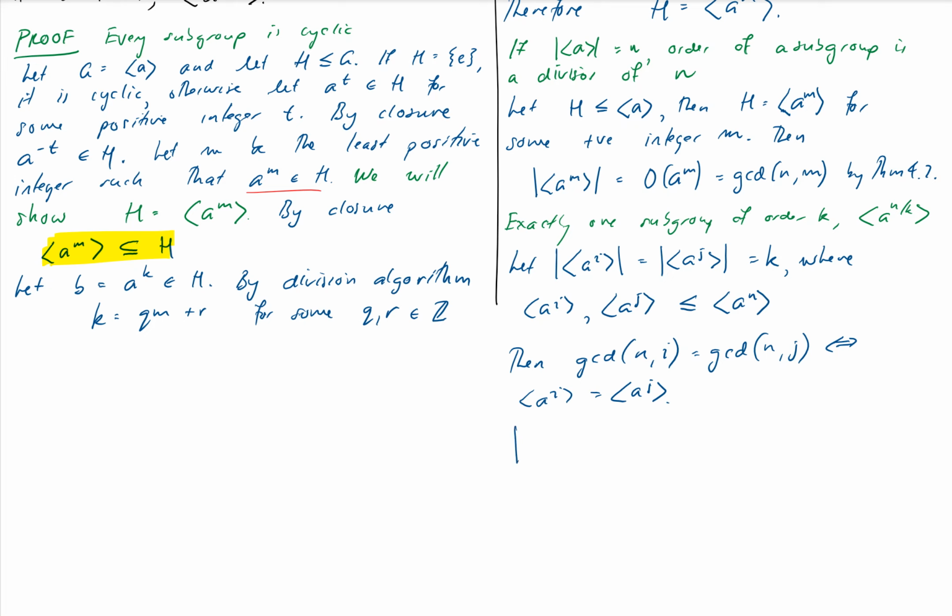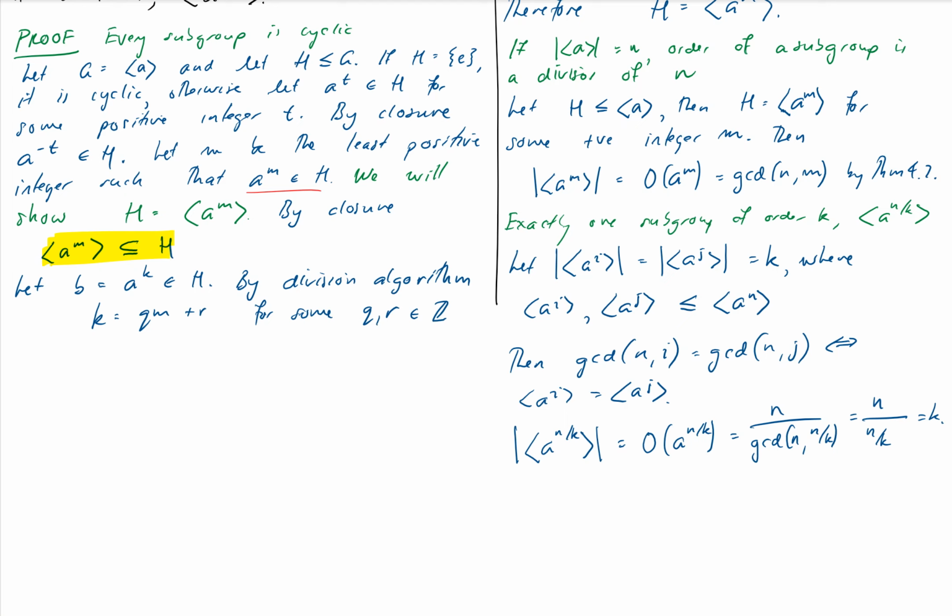And finally, the order of a to the n over k is equal to the order of the cyclic subgroup generated by a to the n over k, which is n divided by GCD of n and n over k, which equals n divided by the greatest common divisor of n with n over k, which is quite clearly going to be n over k, which equals k.